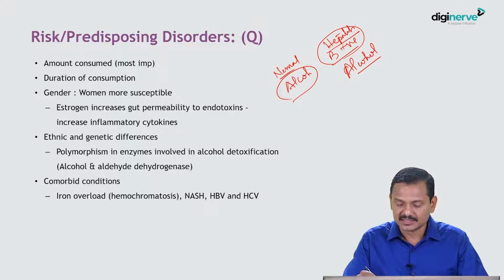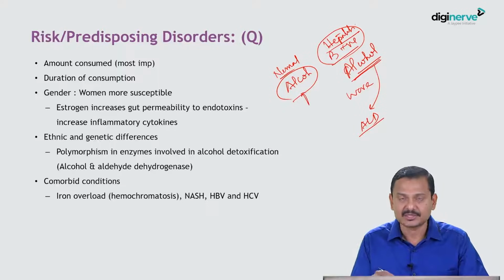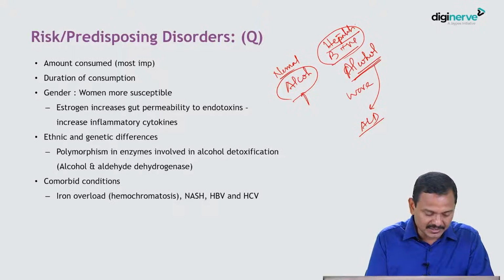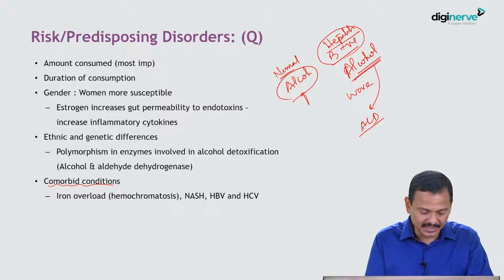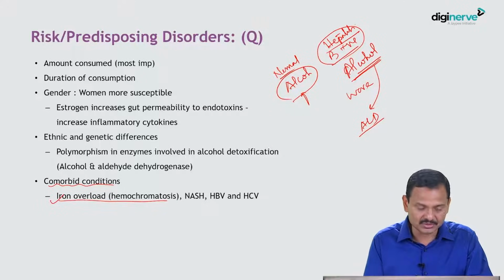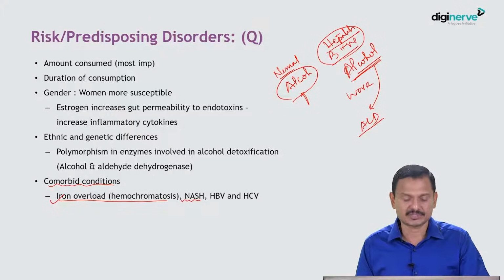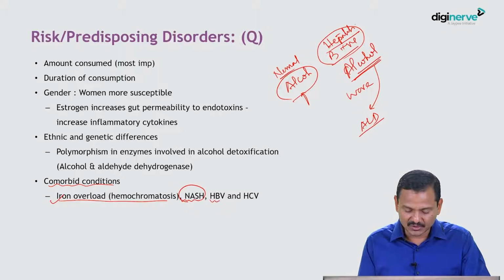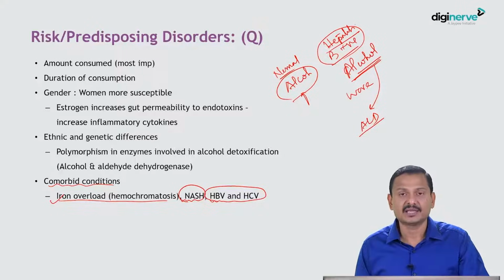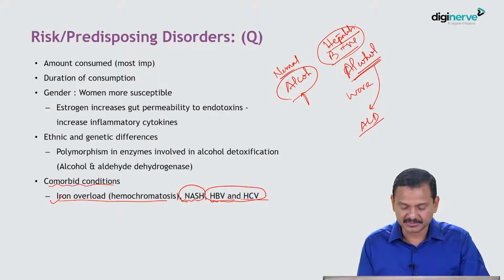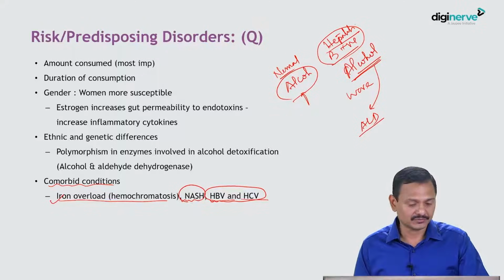So the answer is the hepatitis B positive person will have a worse outcome or is more likely to develop alcoholic liver disease as compared to a normal person. And that is the comorbid conditions, like iron overload, that is called hemochromatosis. It can be metabolic syndrome associated with non-alcoholic steatohepatitis, or the patient may have a comorbidity with hepatitis B and C infection of the liver.